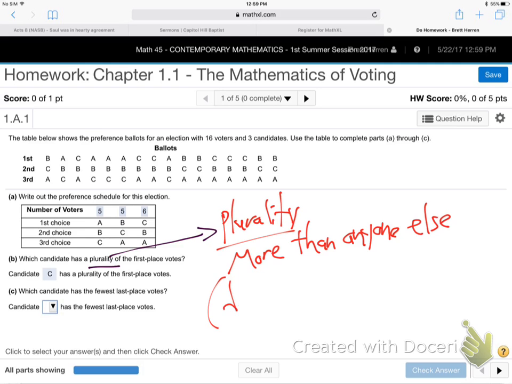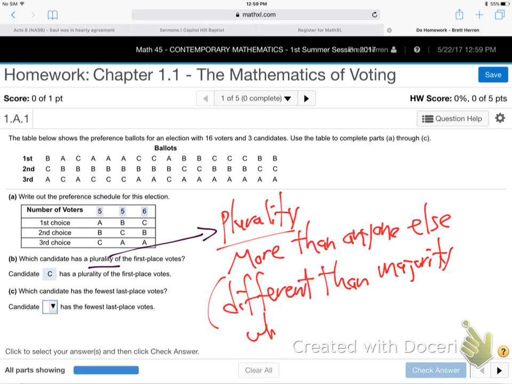That's different than majority, which means more than half. See, with me on the difference in those words? Majority is more than 50%, more than half. Plurality is just more than anyone else.